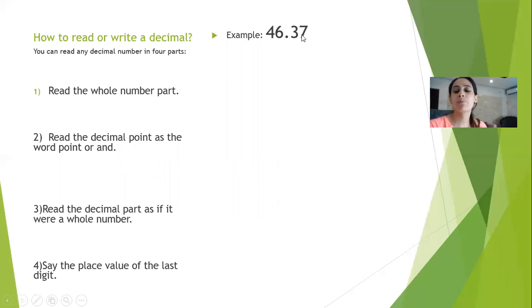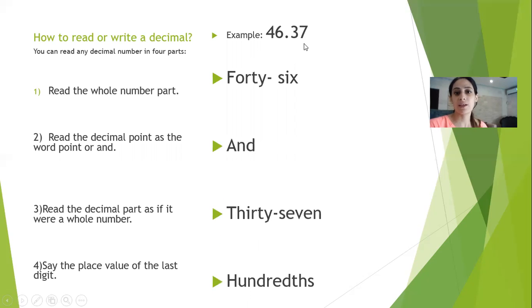What do you see here? 37. So read it all together. So 46.37 or 46 and 37. The last step is to say the place value of the last digit. So here the 7, where is it? In the hundredths. So how do we read it? 46 and 37 hundredths. Is this clear?